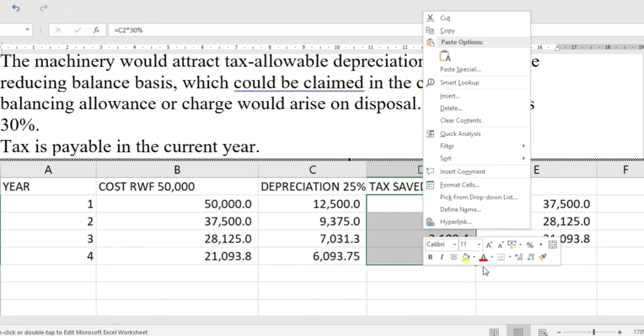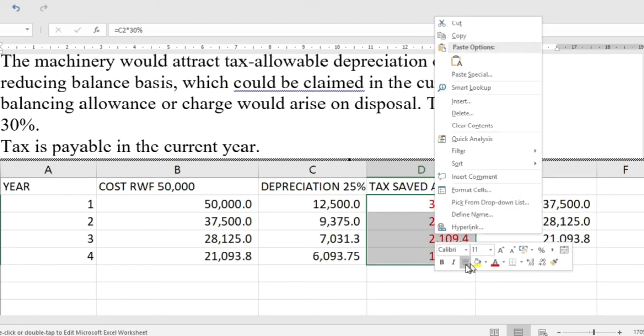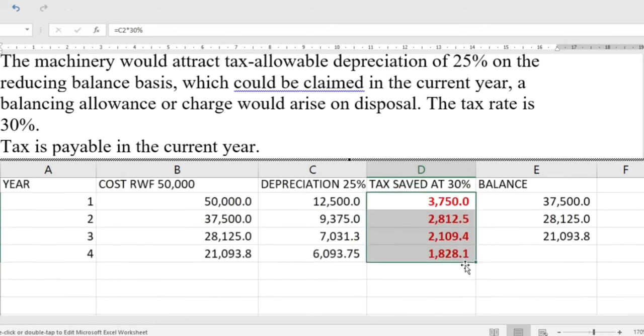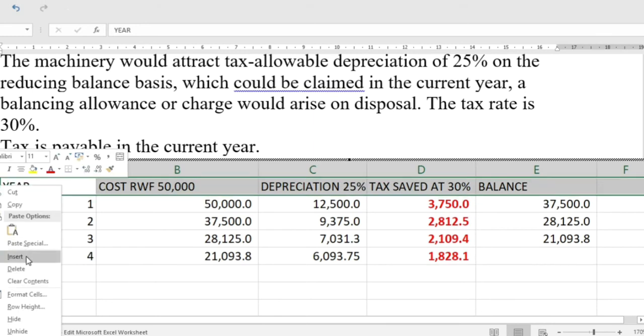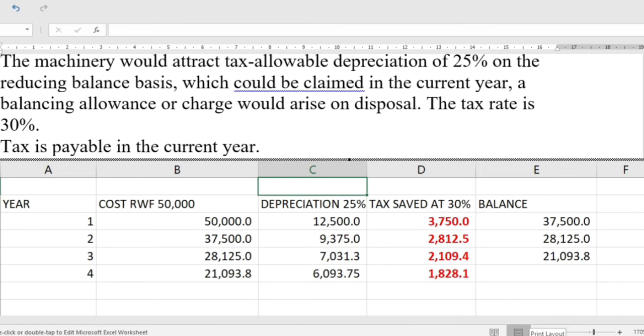This is our tax saved. This is also the normal way of calculation, the normal way of calculations of tax saved.